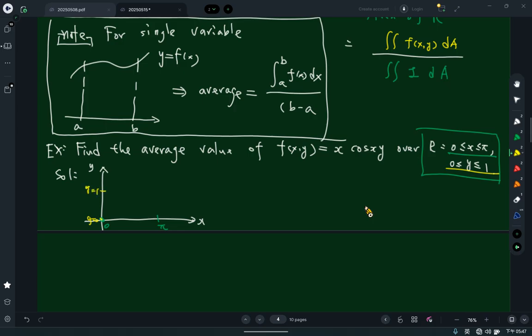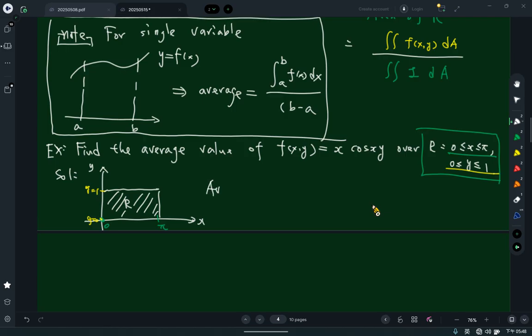So you can just understand the region R is here. If we want to get the average value for f of x, y is equal to x times cosine x y, we just follow this.